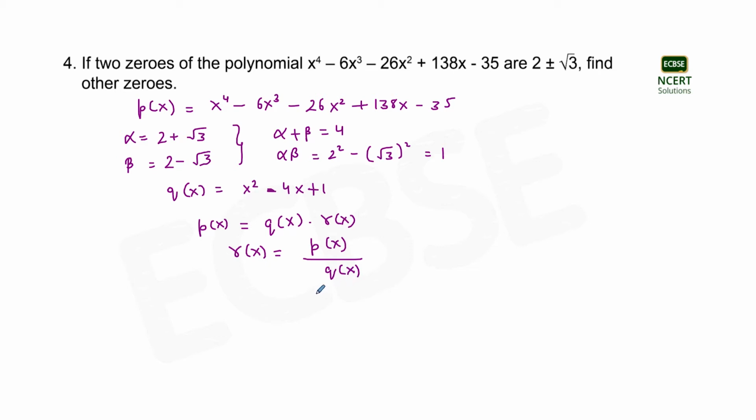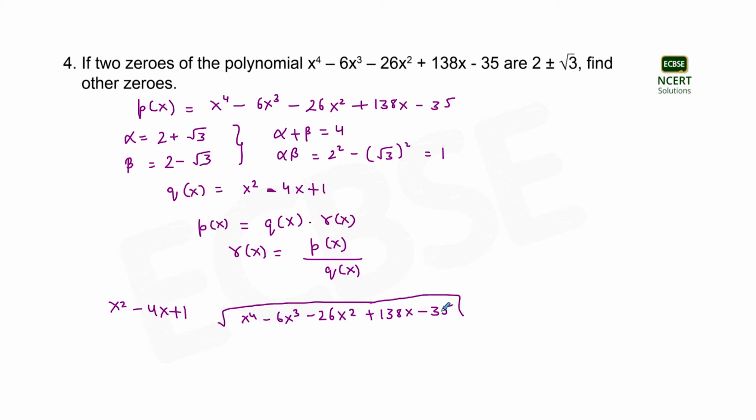So x squared minus 4x plus 1, that is q(x), is the divisor, and p(x) is the dividend: x^4 - 6x^3 - 26x^2 + 138x - 35.